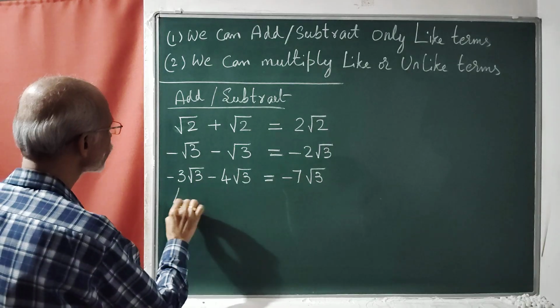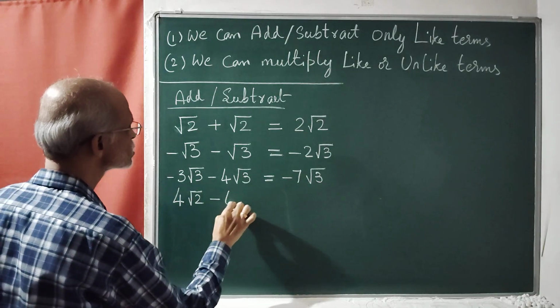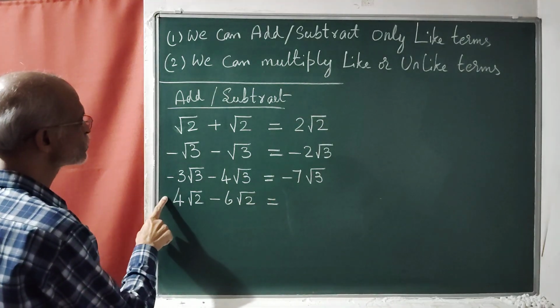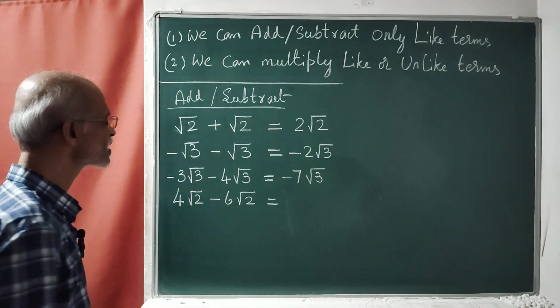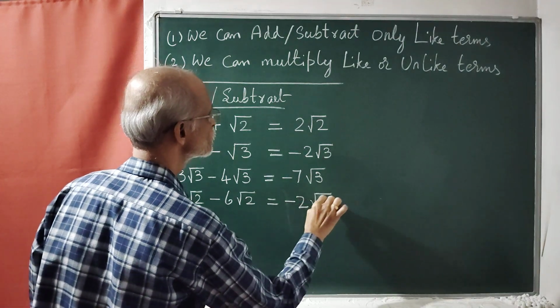Next, 4 root 2 minus 6 root 2. Plus 4 minus 6, we will get minus 2 root 2.